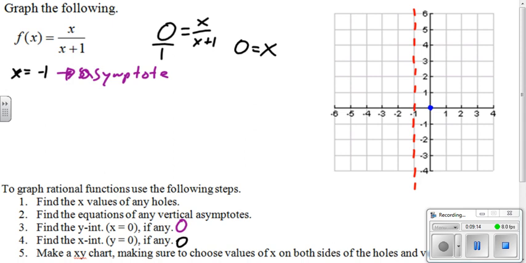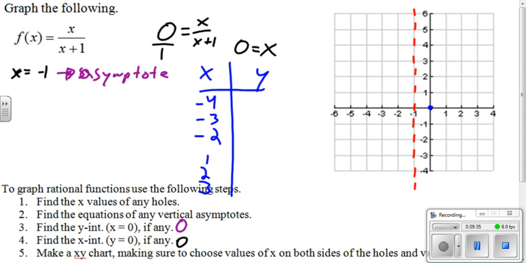The only thing left to do is make a chart, x and y. And we'll just find values that are going to be fairly close to what we have here. So like negative 4, negative 3, and negative 2. We don't have to use negative 1 because that's our asymptote. We've already found 0, so we'll do 1, 2, and 3.